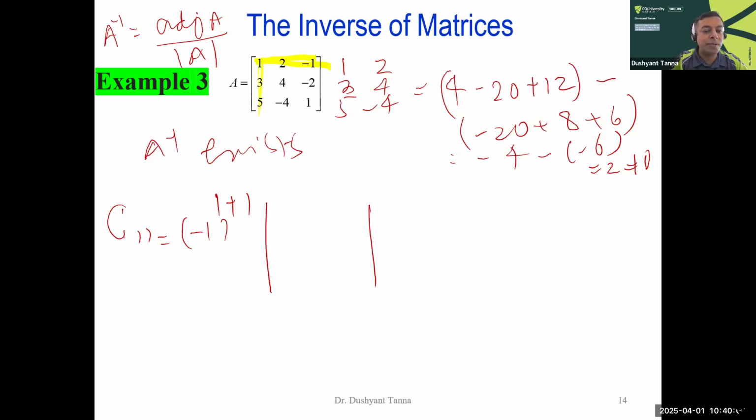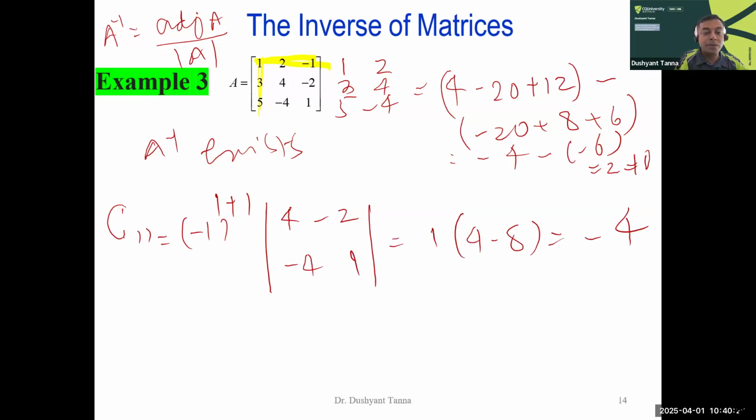Whatever is left over, we'll take that. So 4 minus 2 minus 4, 1. Minus 1 power 1 plus 1, so it's just 1. 4 minus 8. So that's minus 4. That's our first cofactor.